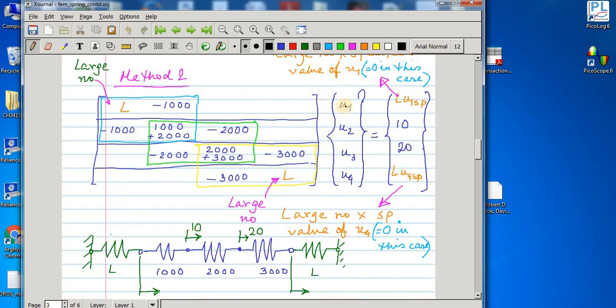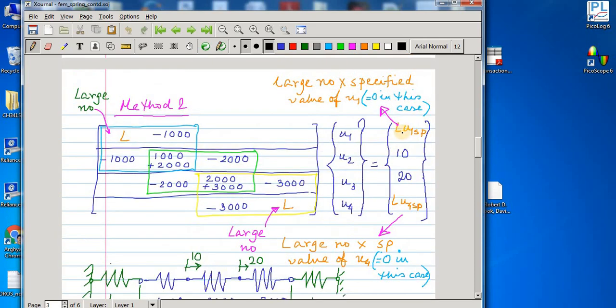What we do, see here at the first degree of freedom, the displacement is specified. So we make the first diagonal element a large number. How large a number, I will come to a little later. And the fourth degree of freedom is specified, so at the fourth diagonal, you put a large number.